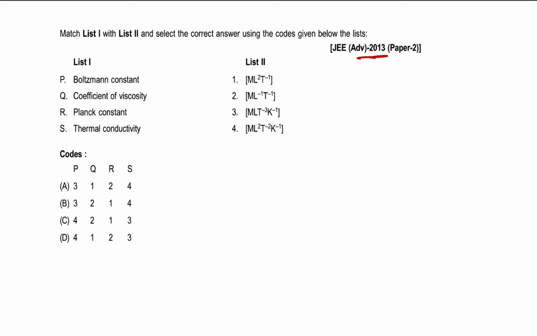Next, in Advanced 2013 Paper 2, they have asked about the Boltzmann constant. List 1, list 2 questions are there. What is a Boltzmann constant? We can write energy is equal to k into T. Boltzmann constant into T. So Boltzmann constant is energy divided by the temperature.